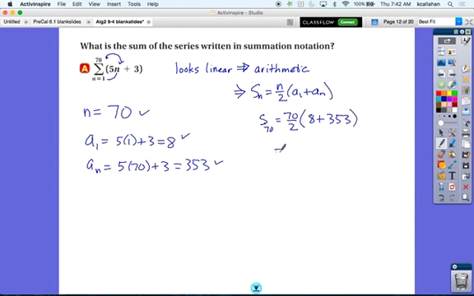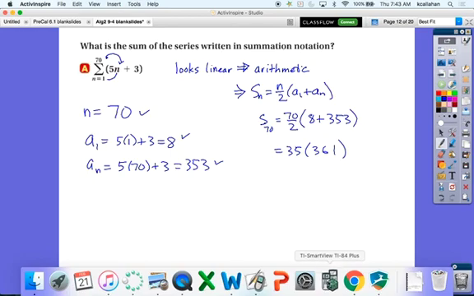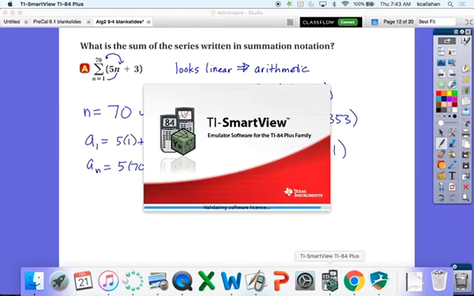So S70 equals 35 times 361, which I do not know off the top of my head. But let's get the calculator working for us a little bit.